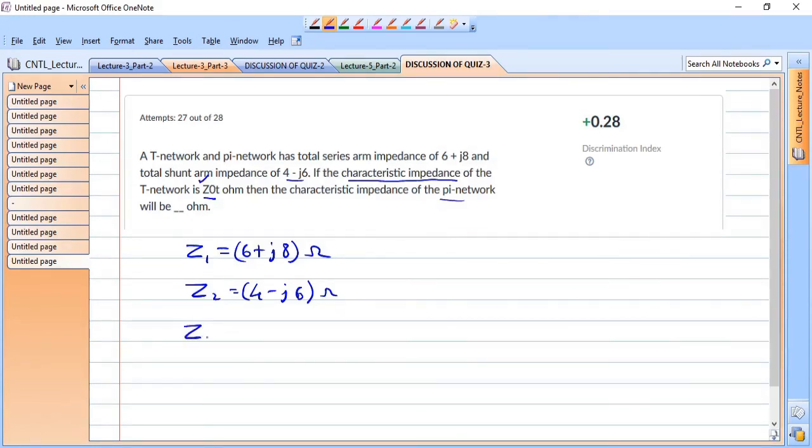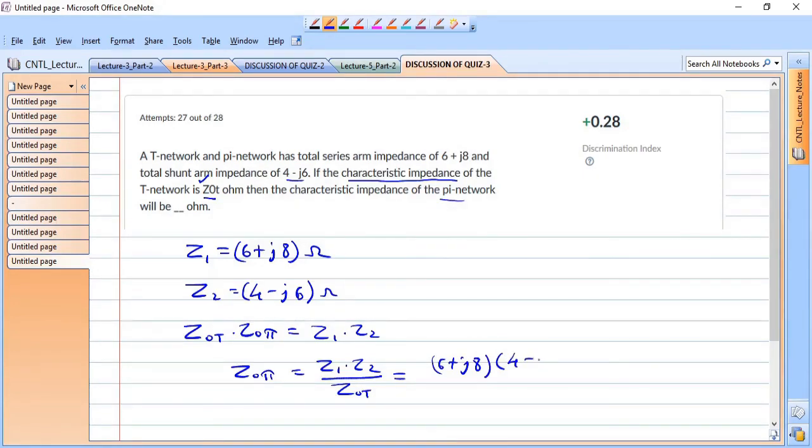So we have derived a relationship that Z0T into Z0pi is equal to Z1 into Z2. From here we can write Z0pi as equal to Z1 Z2 divided by Z0T. So Z1 is 6 plus j8 and Z2 is 4 minus j6, divided by Z0T.